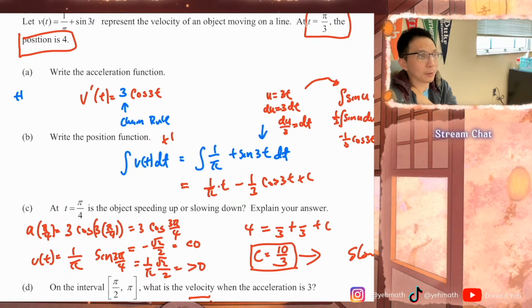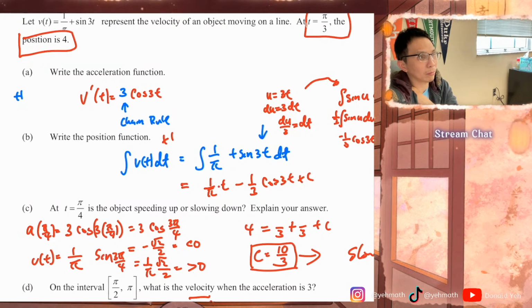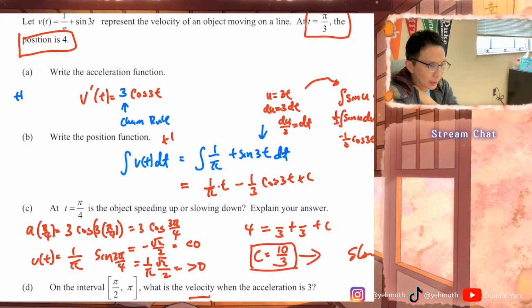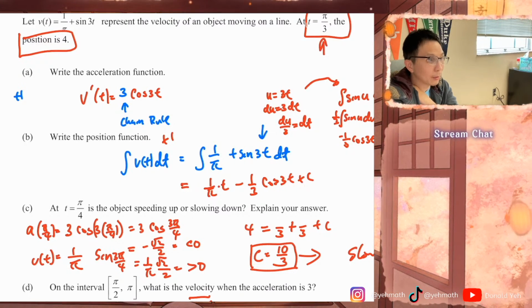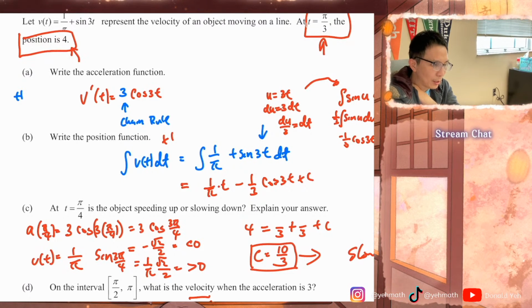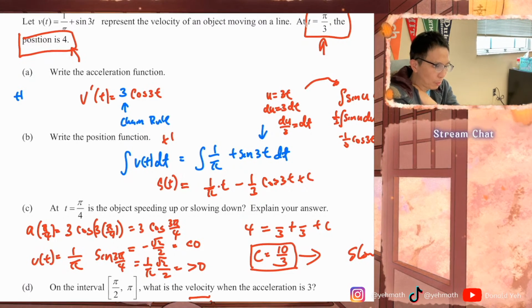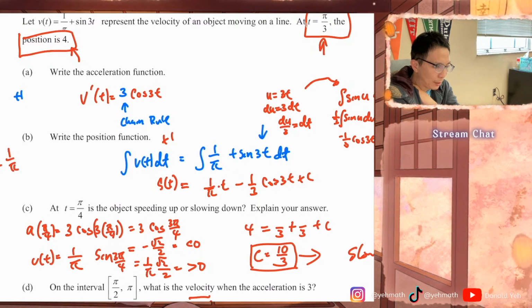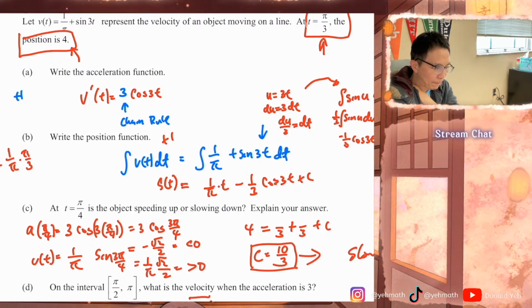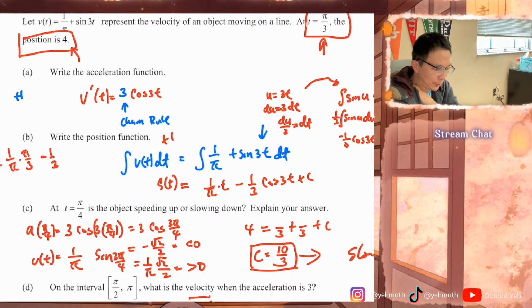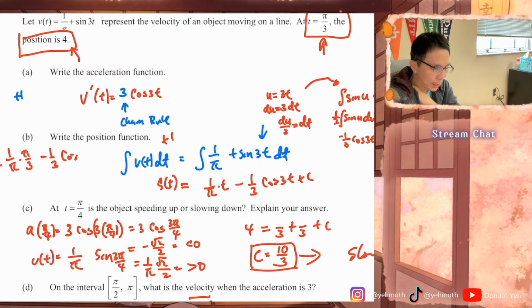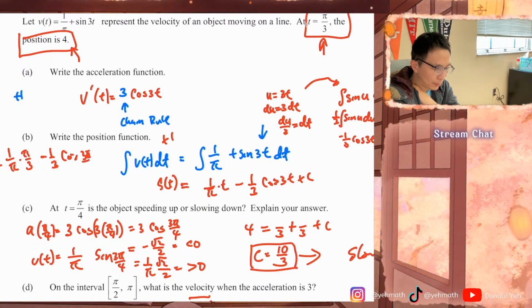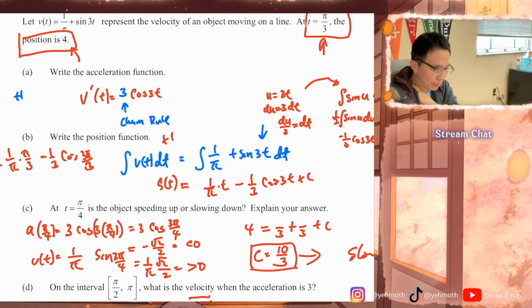How's the calculator going to help you here? Nothing. No, I know, I just used it to find C. Oh, find c, then you had to plug in pi over 3 because that's the initial condition. So this is s of t, right? So what we're going to do is plug in 4 equals 1 over pi, and I'm plugging in t, which is pi over 3, minus 1/3 cosine of 3 pi over 3, and plus 1.